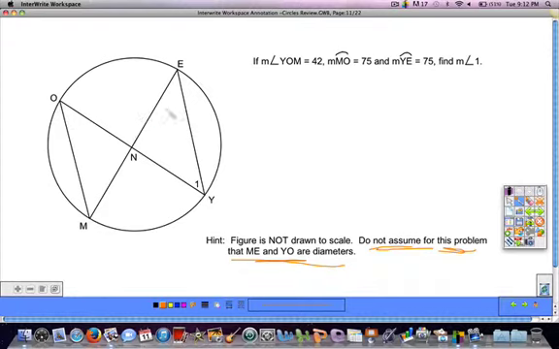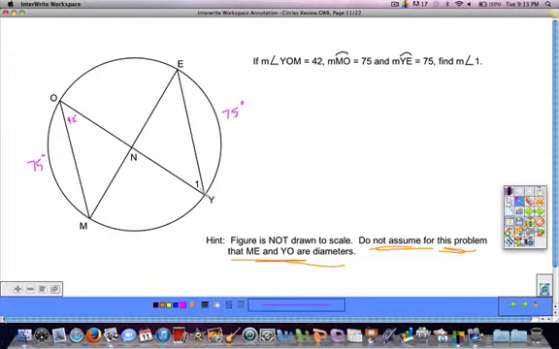Anyway, the angle YOM is 42 degrees. The measure of arc MO, minor arc, 2 letters, is 75 degrees. And arc YE is 75 degrees. I'm in Old English now. Ye students. Anywho, find the measure of angle 1.